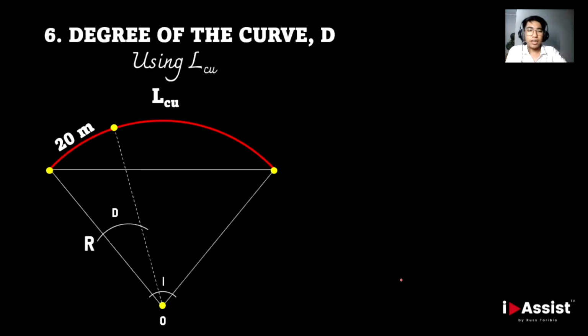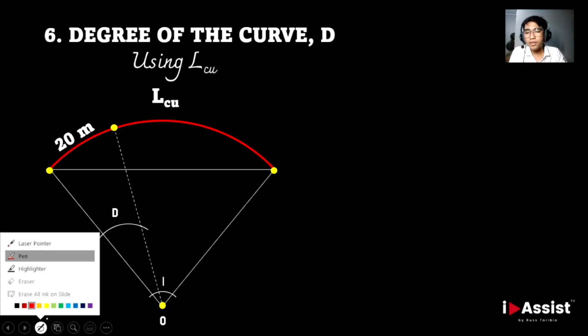That's it. Okay, next. Last but definitely not the least, we're going to compute the degree of the curve using the length of the simple curve. Okay? So again, here, we're going to use ratio and proportion. Let's see. LCU is part of what?